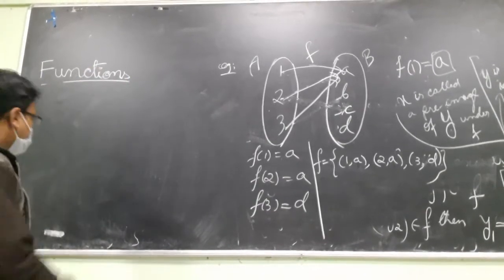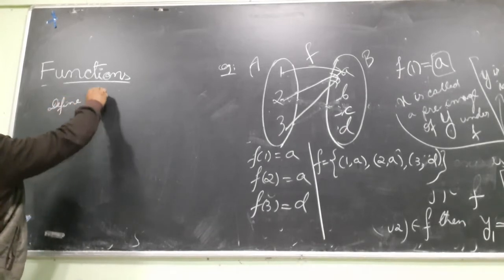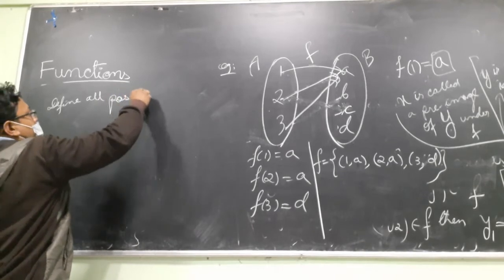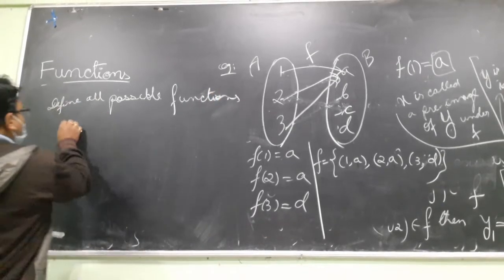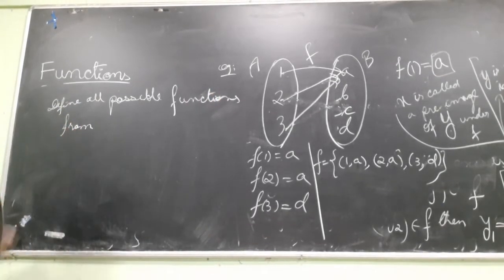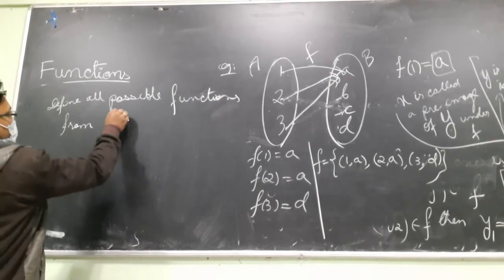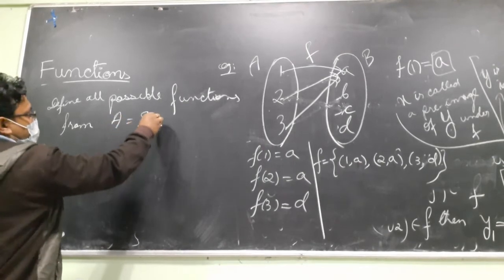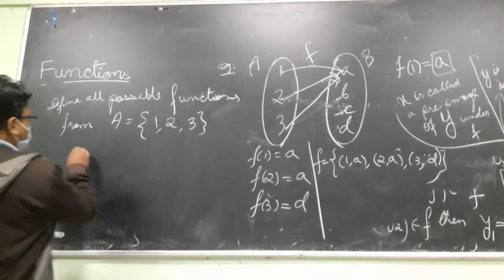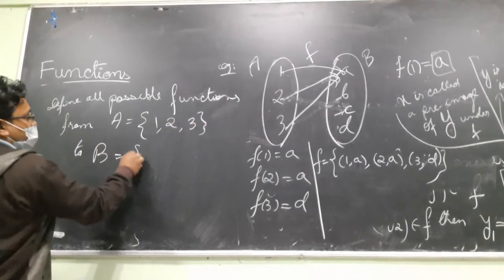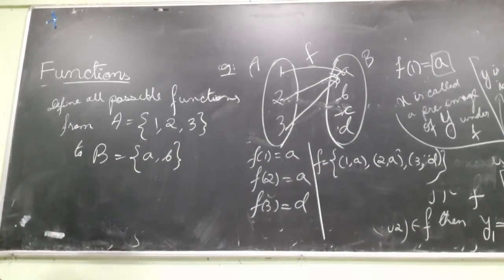So try to define all possible functions from the set A equal to, say, 1, 2, 3 to the set B equal to, say, A, B. Try defining all possible functions.